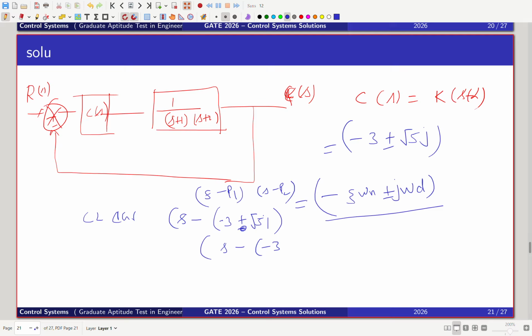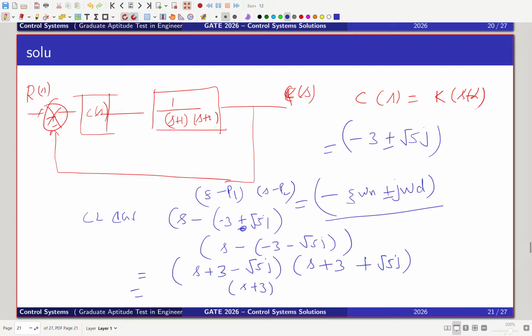So that is s plus 3 minus root 5 j into s plus 3 plus root 5 j.